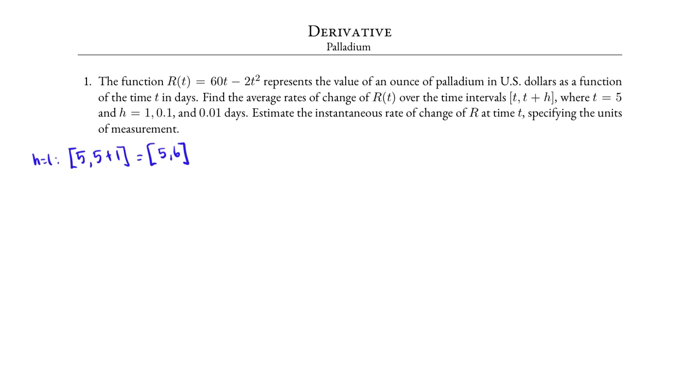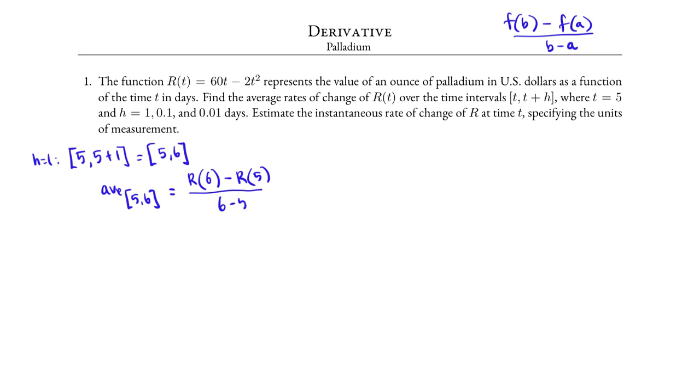The average rate of change is given by the formula f of b minus f of a over b minus a. In this case, a is 5 and b is 6. And so the average over the interval 5, 6 is r of 6 minus r of 5 over 6 minus 5.